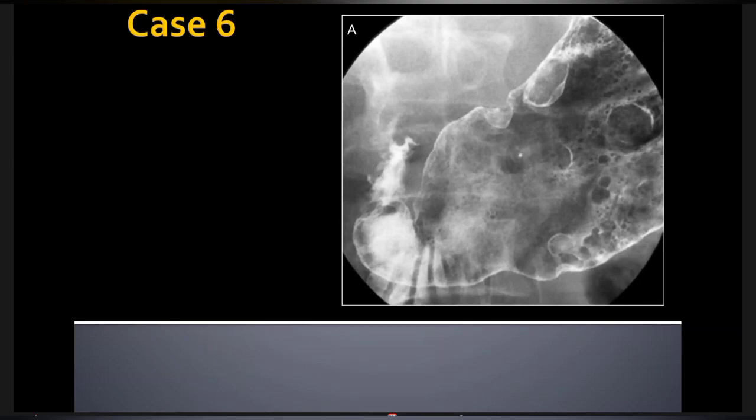Okay, and go on. And some filling defects. These are seen widely scattered within the body of the stomach. Okay. And what would you do next? I will do endoscopy, of course.